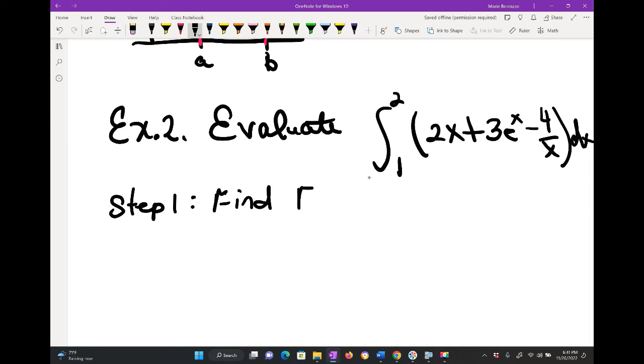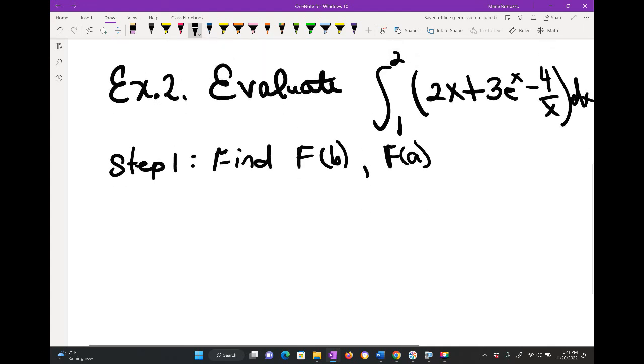F of b and F of a, but in order to do that, remember that that stands for the antiderivative. So we're going to take 2x plus 3e to the x minus 4 over x, and we're going to find its antiderivative. So you know the rule.